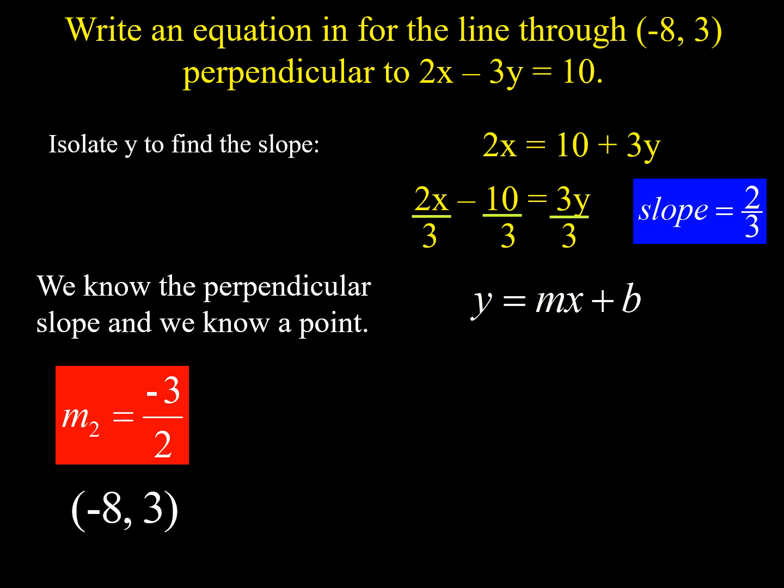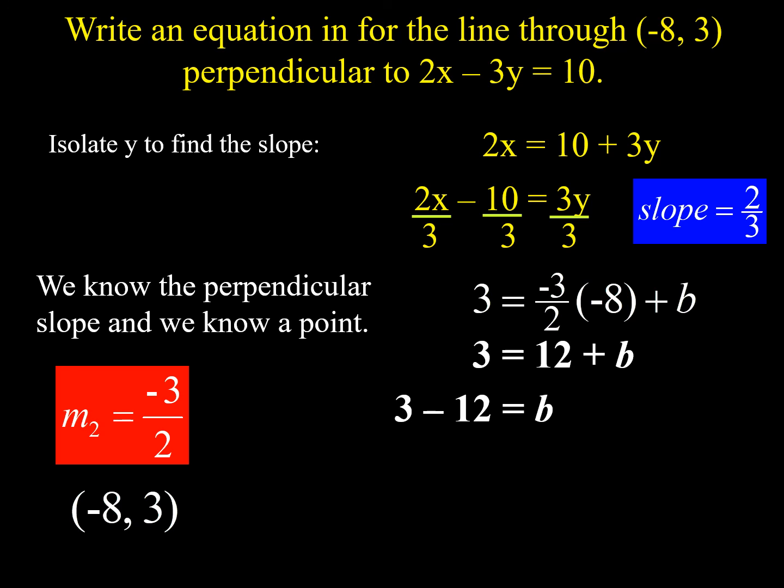Substituting into y = mx + b, we get 3 = negative 3 over 2 times negative 8, plus b. Simplifying further, negative 3 over 2 times negative 8 is equal to positive 12. Transposing 12 to the other side, 3 minus 12 is equal to negative 9.